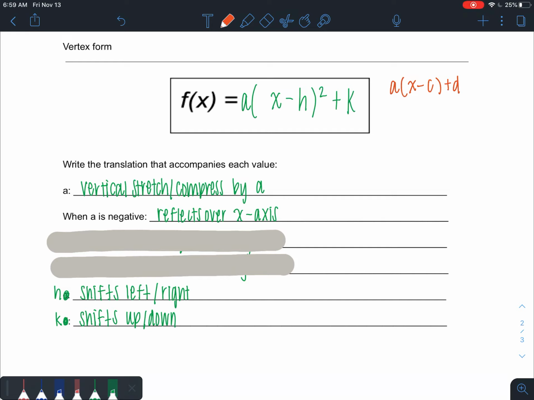The only difference is that our function f of x is equal to x squared, and our c, d is now an h, k. You don't have to write that down.